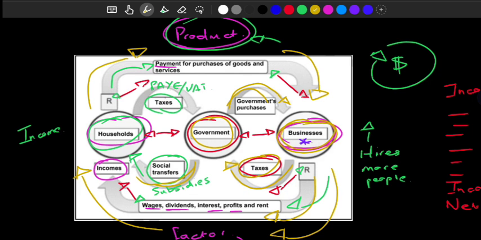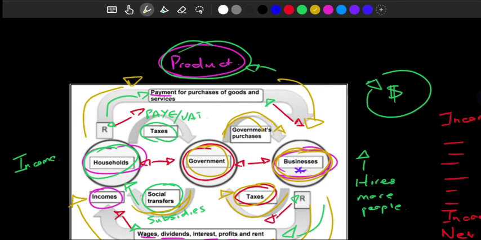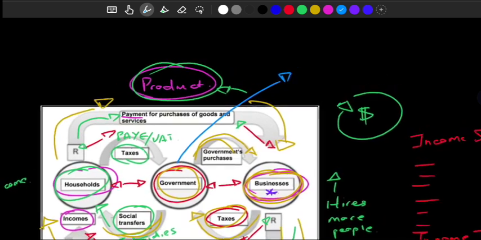And then, this is not in your textbook, but if we're looking at South Africa, when businesses don't have enough money to pay taxes, and when households don't have enough money to pay taxes, this is where the government goes outside. Again, this is not part of a textbook, I'm just giving a fun fact.